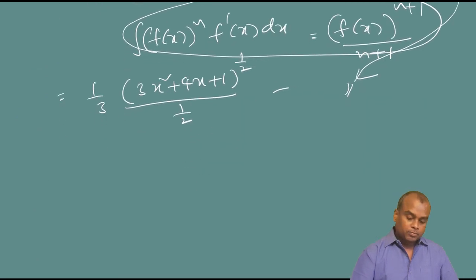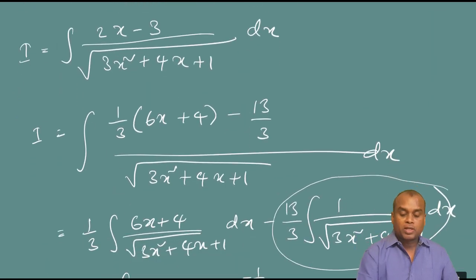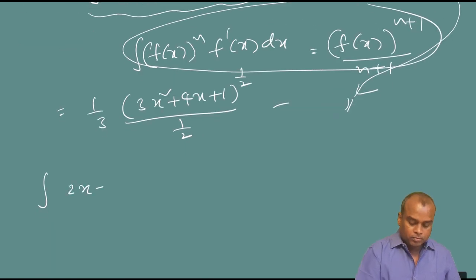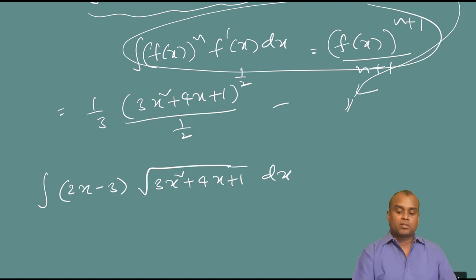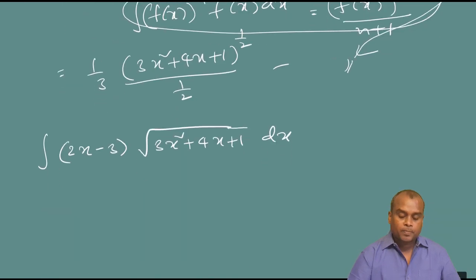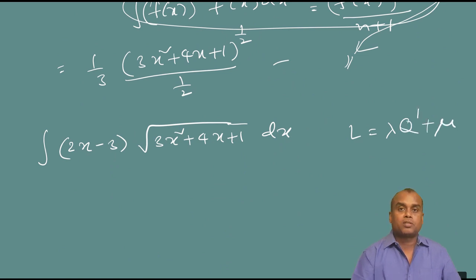Once again, I am going to take the same linear and same quadratic, easy to explain. So it is the linear 2x minus 3 into the square root of the quadratic 3x square plus 4x plus 1 dx. How to evaluate this? Once again we do the same thing. We are going to write the linear as some constant into the derivative of the quadratic plus some other constant.